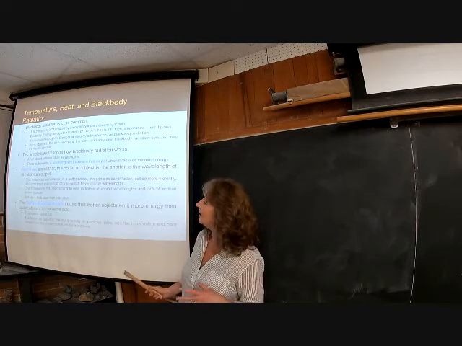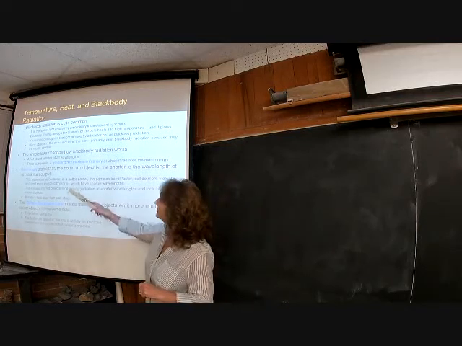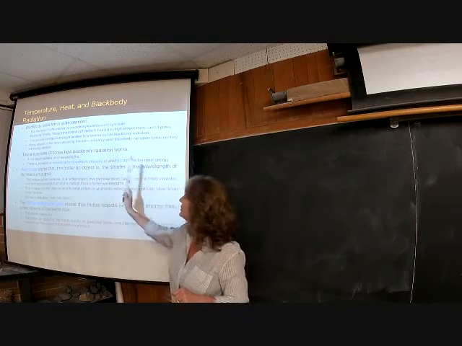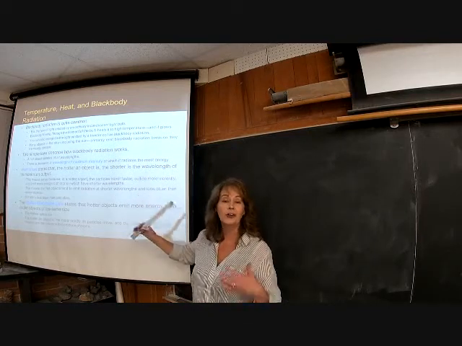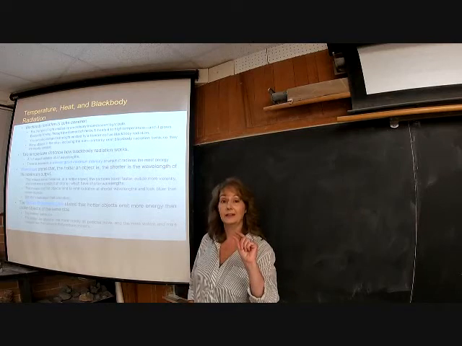Wien's law is one of them, Stefan-Boltzmann's law is the other. Wien's law is relating the temperature of an object to the wavelength. And this one is saying the hotter the object, the shorter the wavelength.